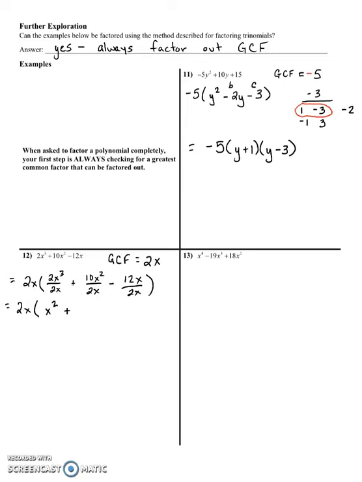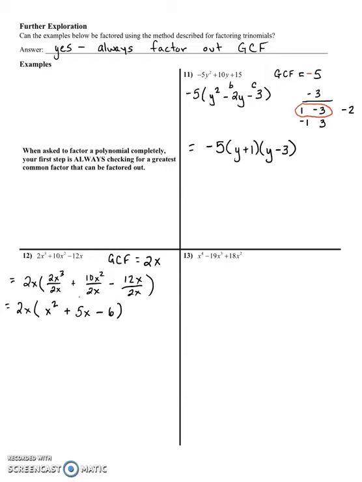Plus the second term, 10 divided by 2 is 5. And we have x to the 2 minus 1, which is just an x. And then we have minus 12 divided by 2 is 6. And the x's go away.